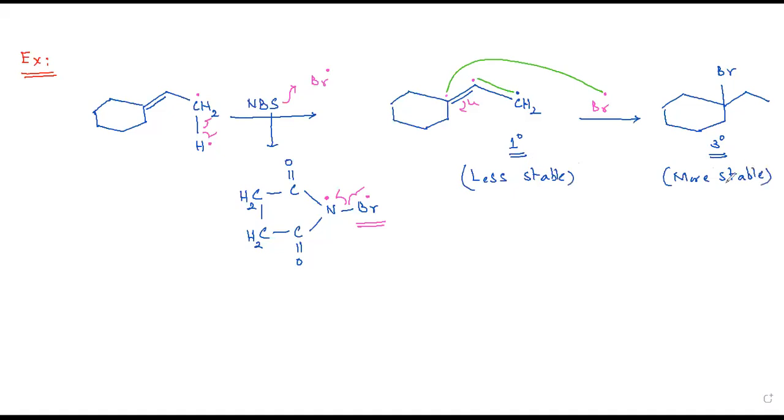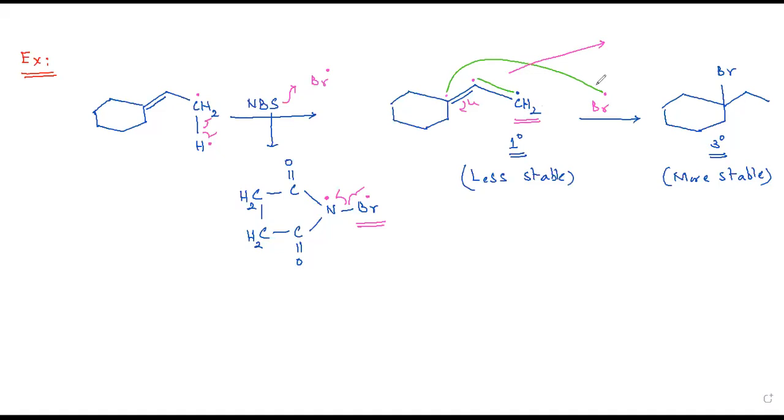Okay. Now, even from this side also, from this 1 degree also we can get the product. Now look at what happens when the 1 degree is taken straight away.